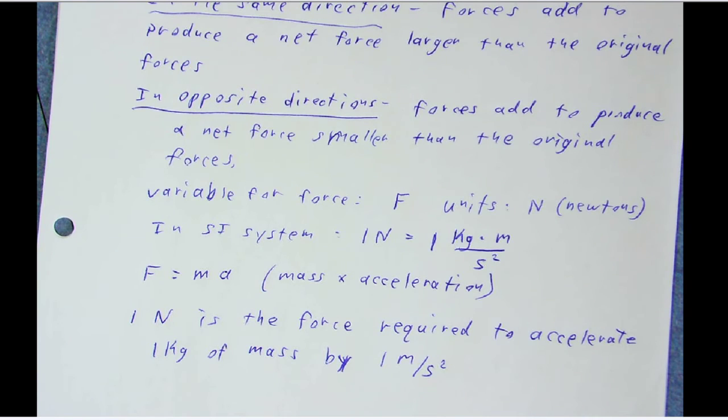And we learned that acceleration is basically just a change in velocity, right, per unit time. So it's meters per second divided by seconds, right? So it's a change in velocity divided by a change in time.